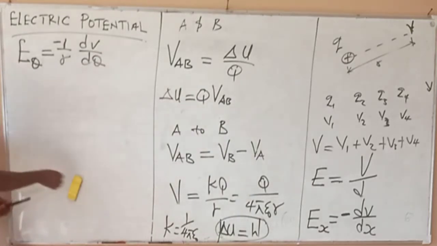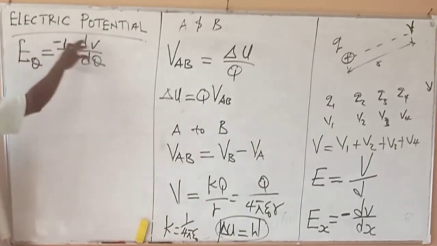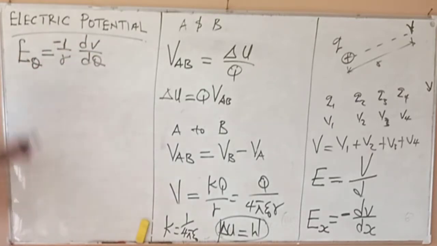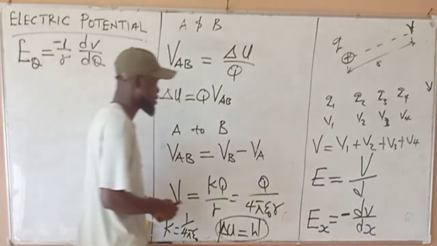For angles, therefore, take 1 over r and do your dV over d theta. Take note of that, it's very important.